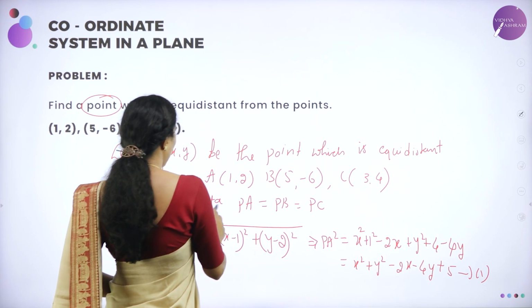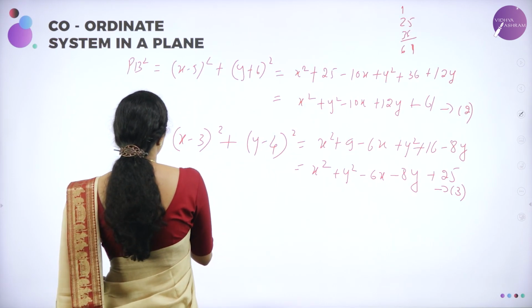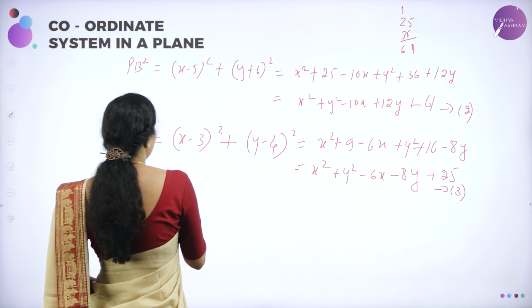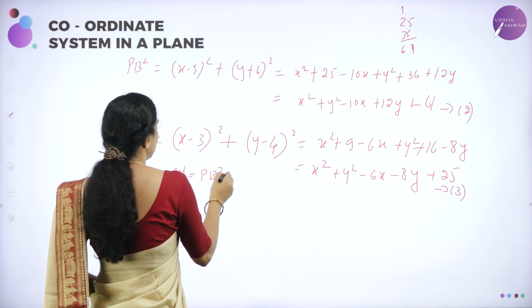Now you can equate. PA is equal to PB. Let PA squared be equal to PB squared.